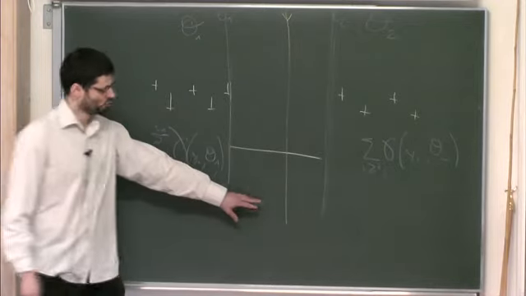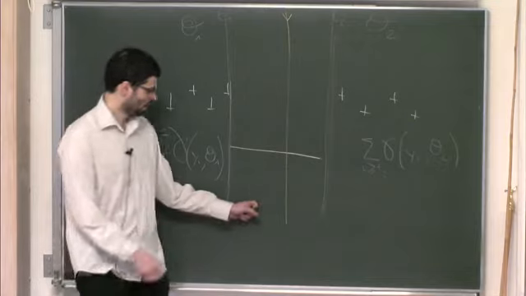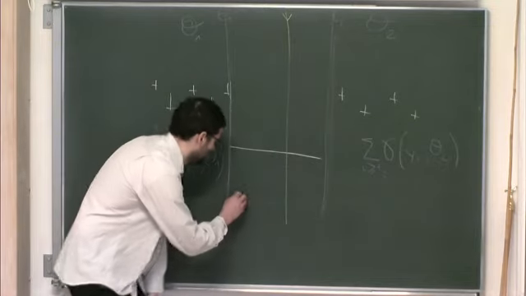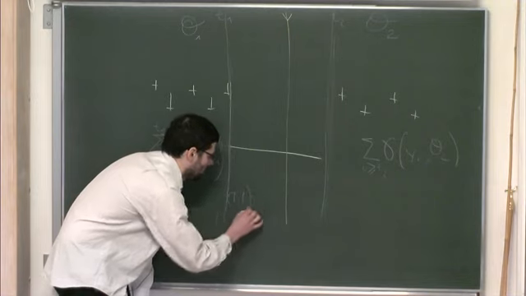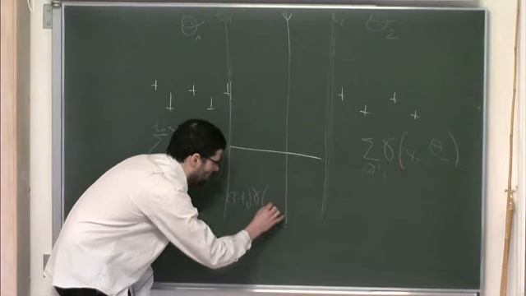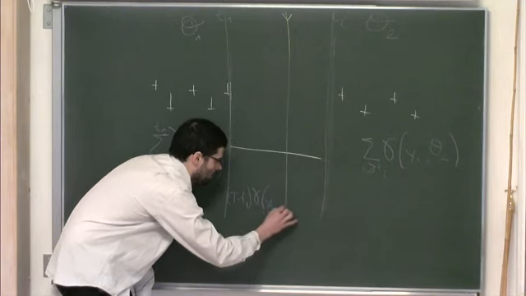And the last two terms, which are of interest here: as the data points are all the same, we get exactly tau minus T1 times gamma of y T1 theta 1.